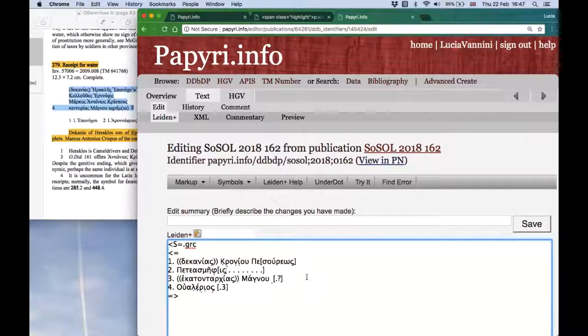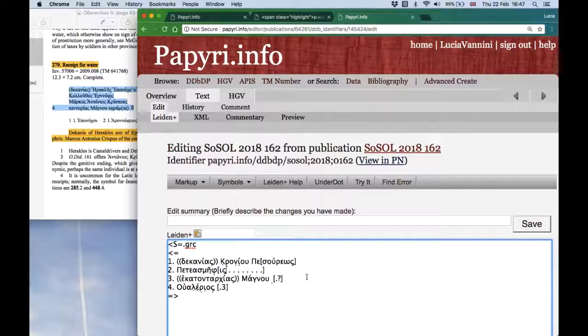Instead, Leiden Plus, like EpiDoc and the other TEI XML languages, focuses on the text, on the content, rather than on the physical appearance. In other words, they are semantic markup languages rather than descriptive systems, a difference we saw in the first session on markup.